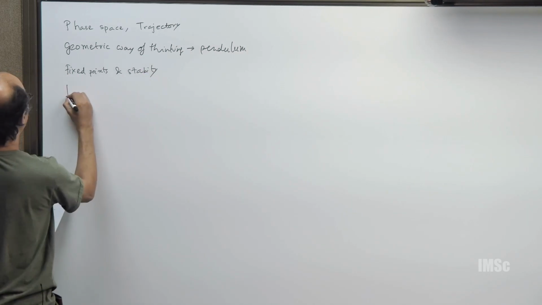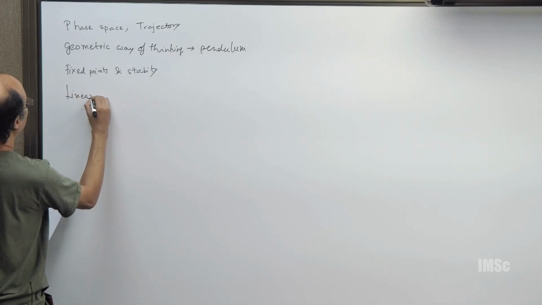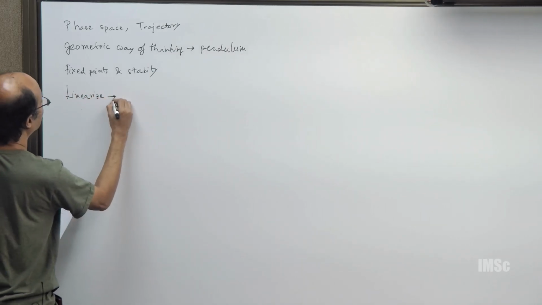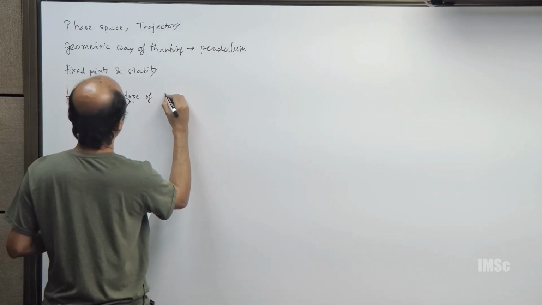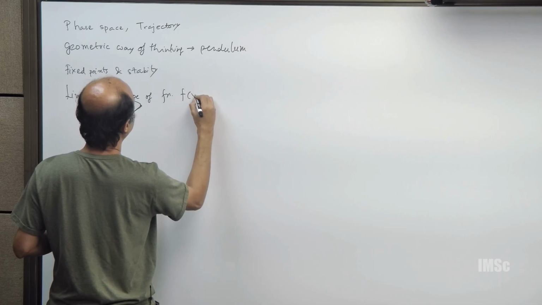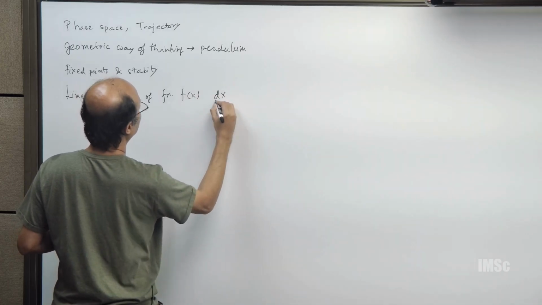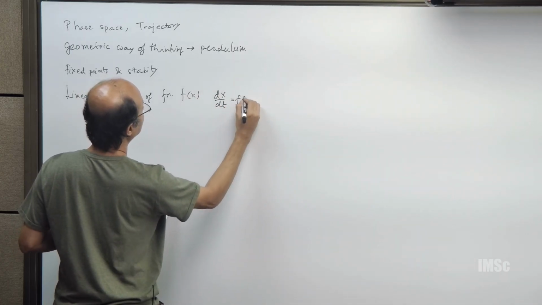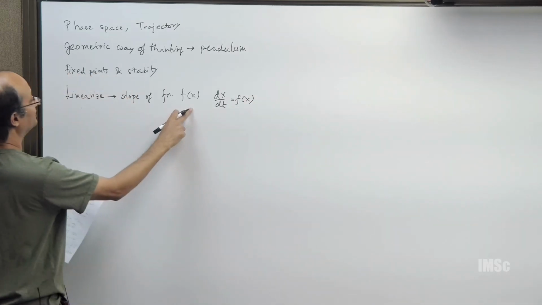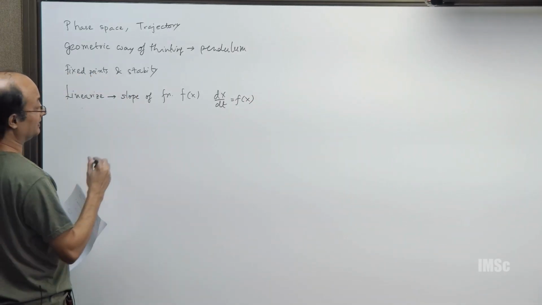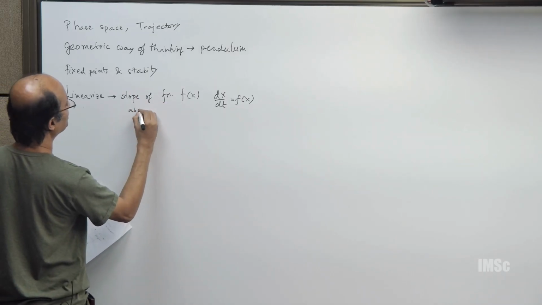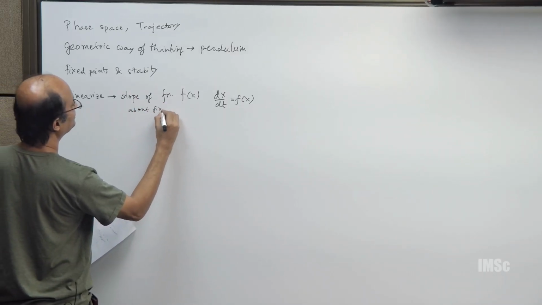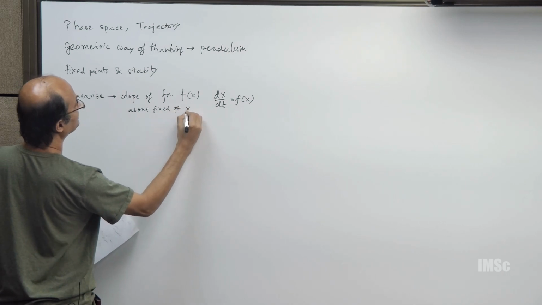And how do we linearize and thereby look at slope of the function f of x. So if dx/dt equals f of x, then the stability of the fixed points can be found by looking at the slope of the function about the fixed point x star.